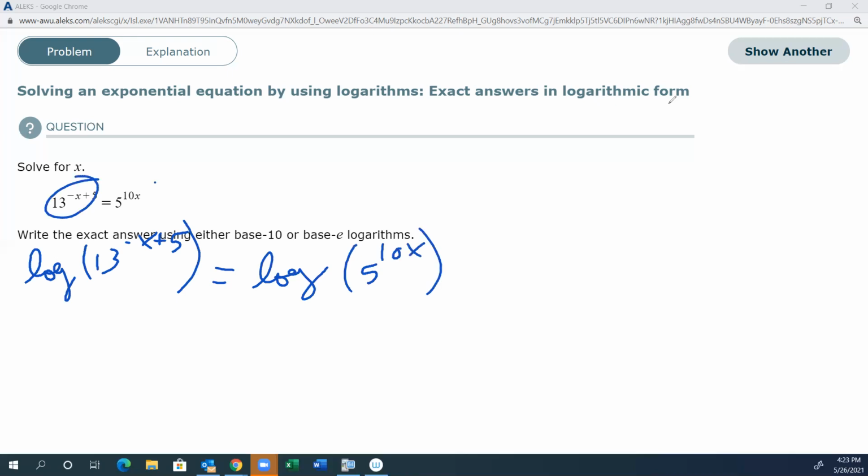Well, if that and that are equal, then the log of this and the log of this will be equal. Okay, cool. Now, how could that possibly help? Looks like that makes things worse. Well, I can pull the exponents out using one of the log rules.